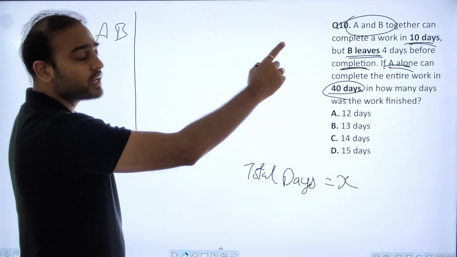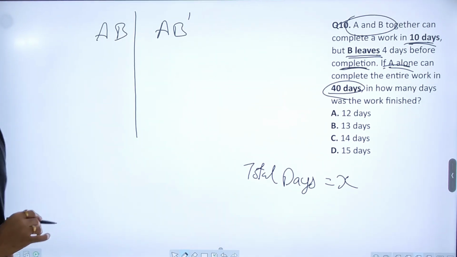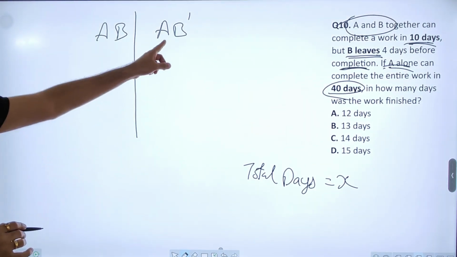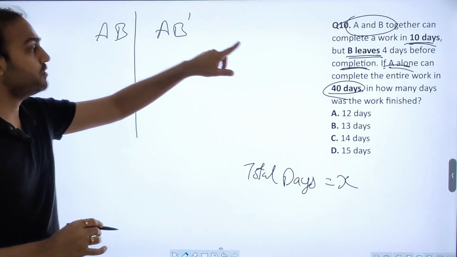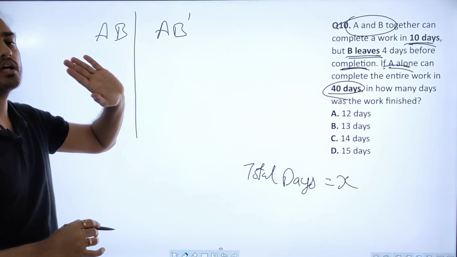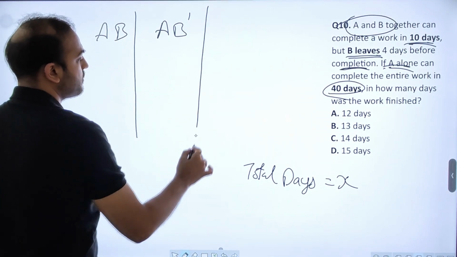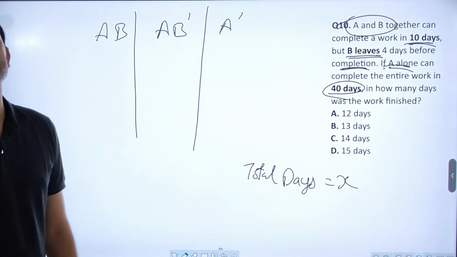Now, what is happening in real life? They are working for some time. Now I have put a dash because this is the real scenario where B is leaving 4 days before the work got completed. If B leaves, then who will finish the work?